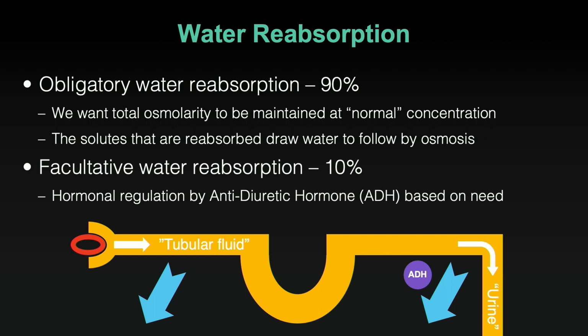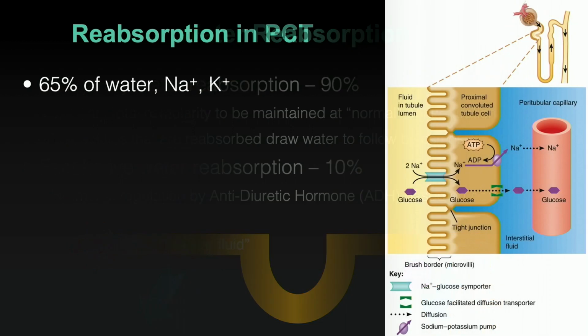One of them that you've seen before mentioned in lab is ADH, antidiuretic hormone. We can modify how much fluid is reabsorbed by giving it permission to be reabsorbed. So let's talk about the mechanisms in each of these areas. This is a broad overview to start. What are the details of this movement?